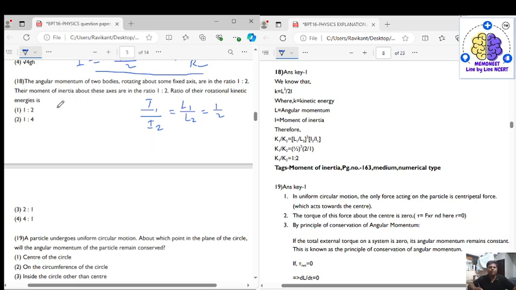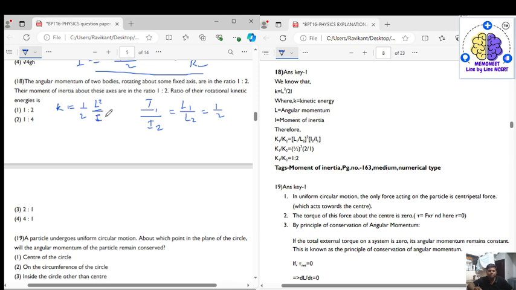So the kinetic energy is equal to 1 by 2 L square upon I, right? This is rotational kinetic energy in terms of angular momentum and moment of inertia.